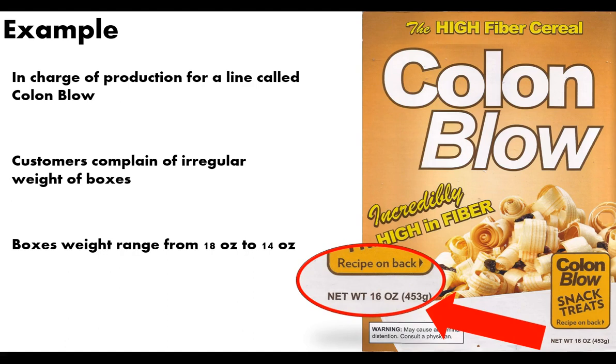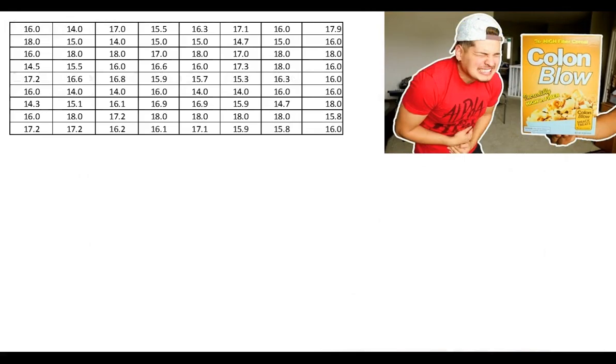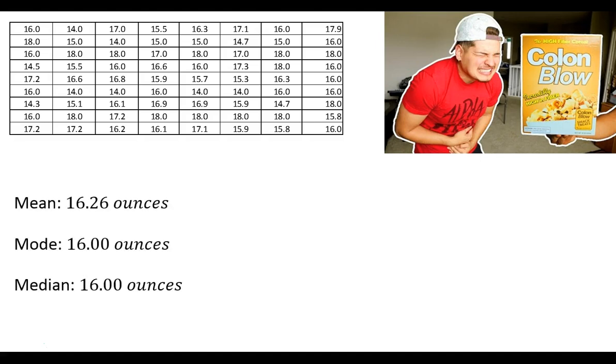So this is something that the customer has, in this hypothetical, been complaining about. We went through the data, and what we saw was there was a wide range from 14 to 18 and everything in between. We figured out the mean was 16.26 ounces, mode and median both 16 ounces. We had a standard deviation of 1.22.